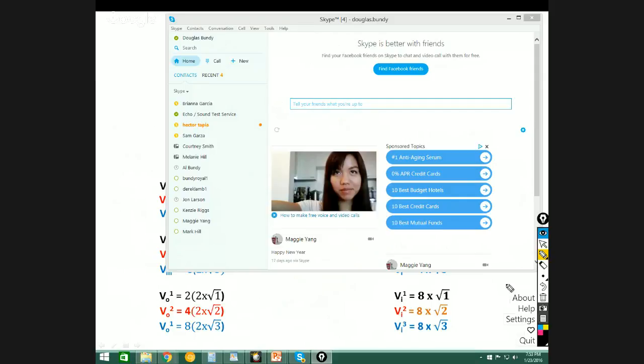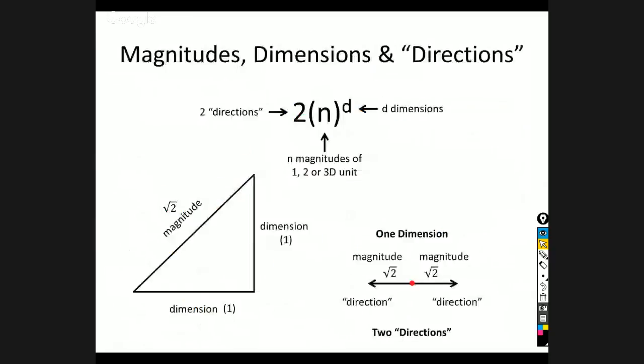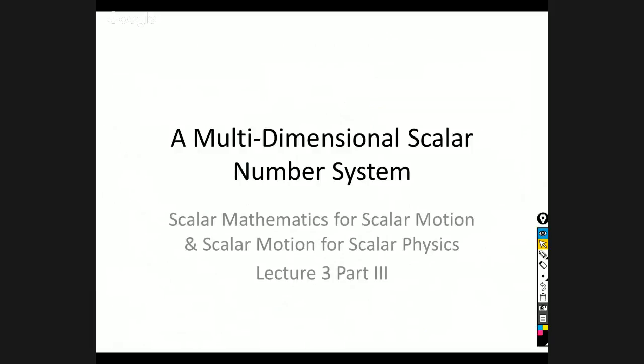But for now, I think that's the sum of what we wanted to present in terms of the multidimensional scalar number system that we can use to find our electrical, which are 1D phenomena, and our magnetic characteristics of these particles that were identified as the standard model, and also the mass characteristics of it by using this multidimensional scalar number system.